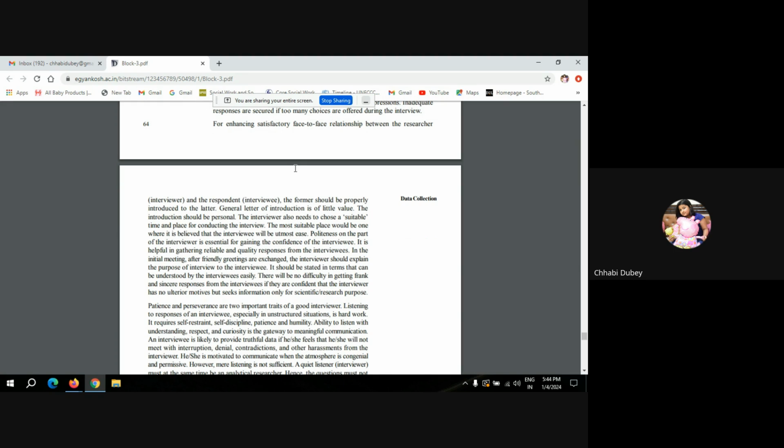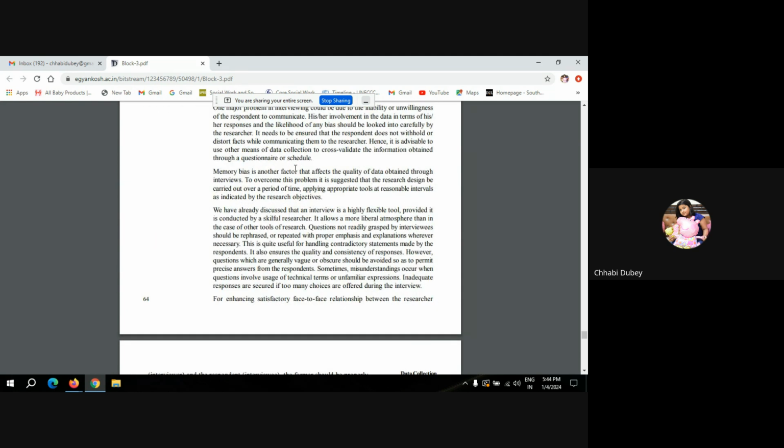But nevertheless, depending upon the objective of the study, what we intend to find out in our research, or what information we intend to gather, we have to understand and choose the tool very wisely and appropriately in order to get the data.